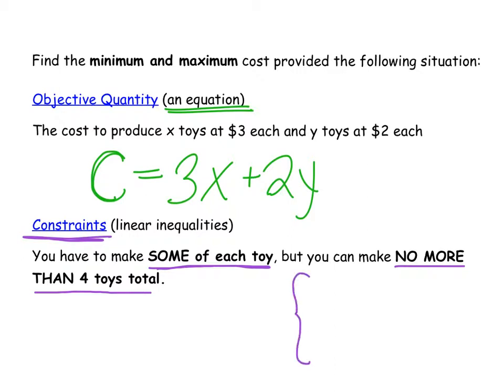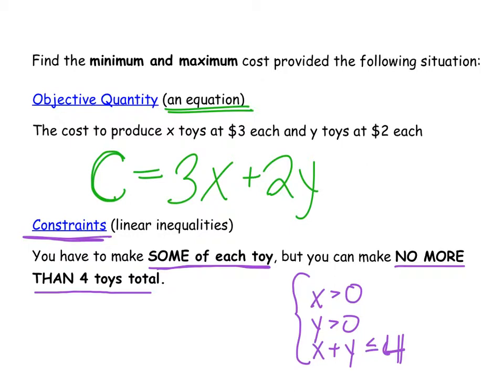This is actually going to be 3 different inequalities. If we are going to make some of each toy, that means we have to make more than 0 of X toys. We have to make more than 0 of those Y toys. And altogether, it can be no more than 4.